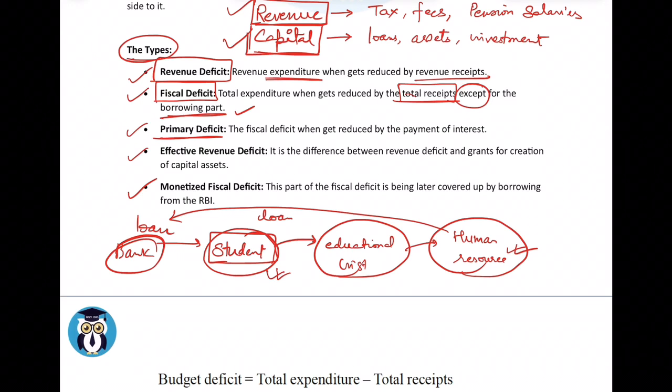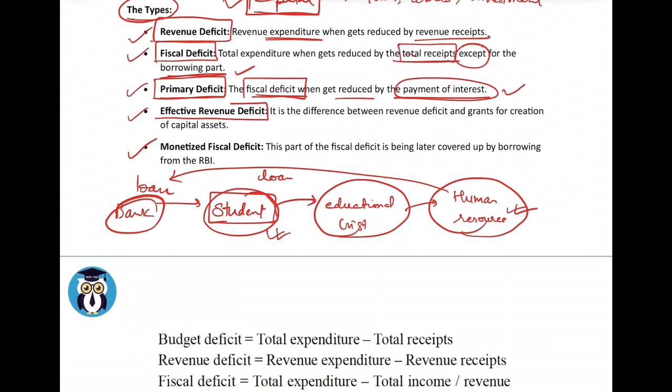Now, the primary deficit is the fiscal deficit minus the payment of interest. We have to pay interest on the previous loans which we have taken. So fiscal deficit minus the payment of interest results in primary deficit.